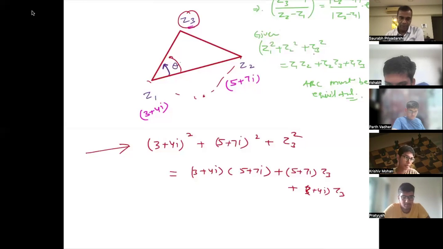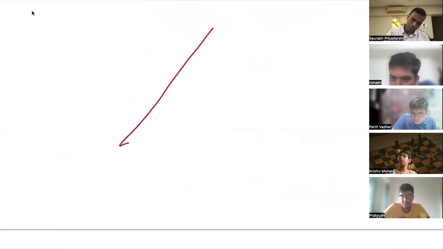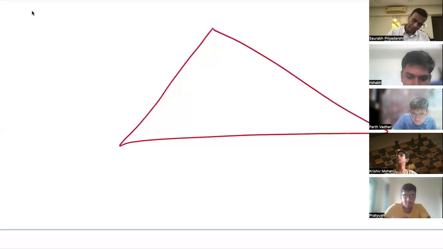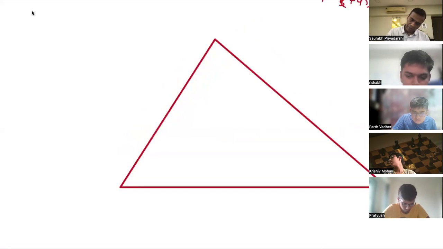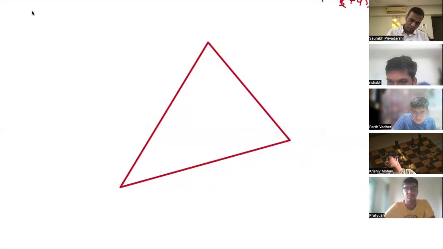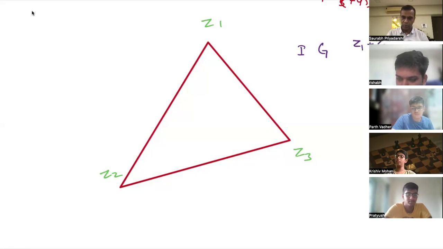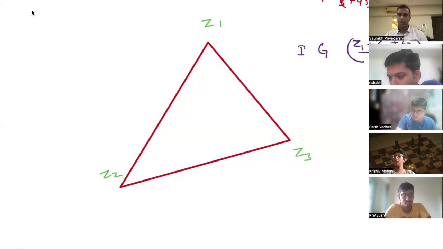Okay, everyone? Right? I hope you all know, in the coordinate system, if a triangle is given whose vertices are the complex numbers Z1, Z2, and Z3, the first formula is known as the centroid. The centroid is (Z1 plus Z2 plus Z3) upon 3, right?